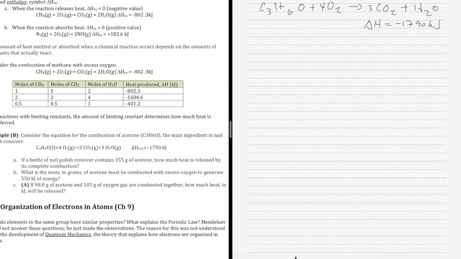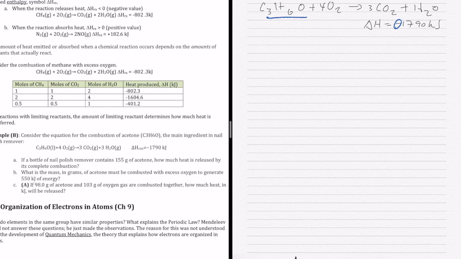I know it releases because it has a negative sign in front of the delta H symbol, which means energy is leaving the reaction. So let's take a look at the first question. If a bottle of nail polish remover contains 155 grams of acetone, that's the first reactant here, how much heat is released by its complete combustion?